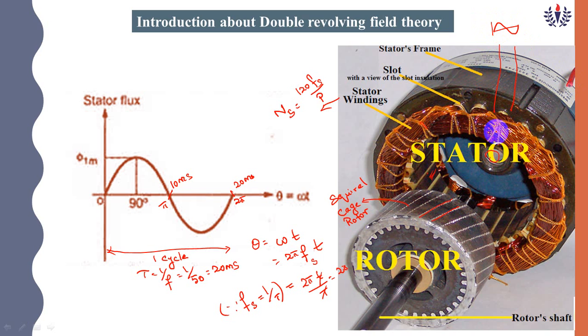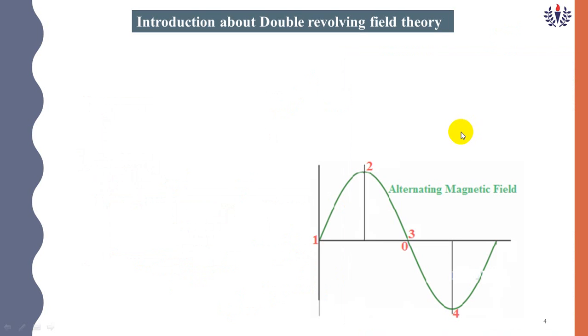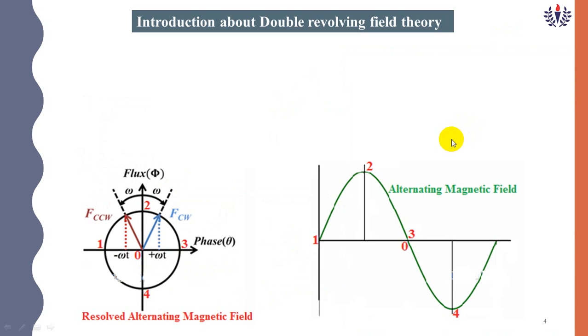Once you give the single phase supply, current flows in the stator winding, then a flux is produced. That is nothing but the rotating magnetic field. The flux's other name is rotating magnetic field, which I am going to explain in the double field revolving theory.